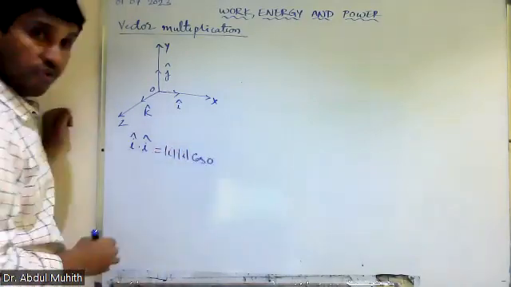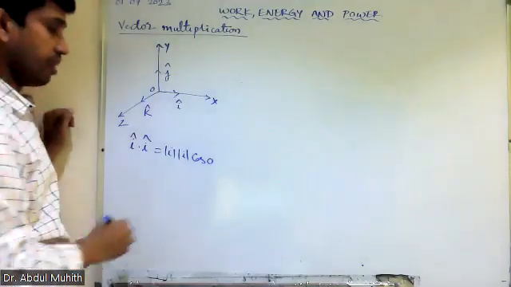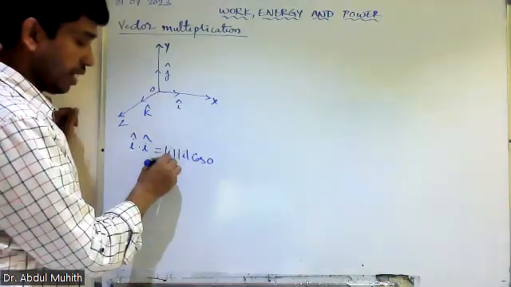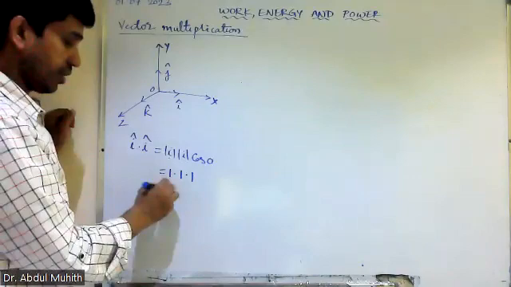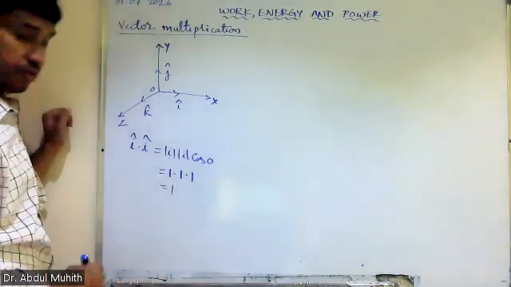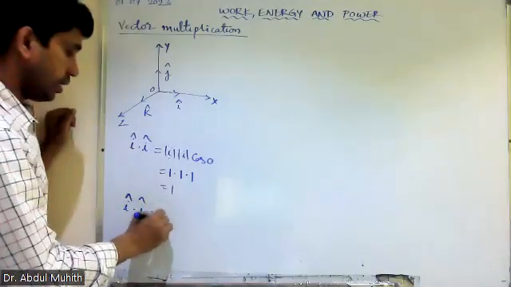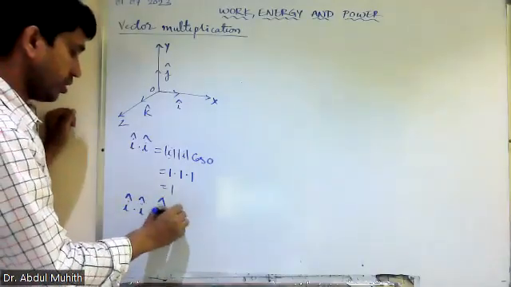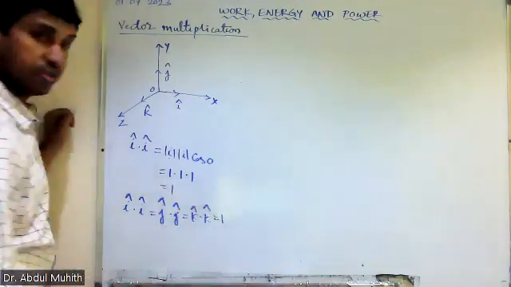What is cos 0? It is 1. i value is 1, cos theta value is 1, so the answer is 1. So we simply write i dot i equals j dot j equals k dot k equals 1.